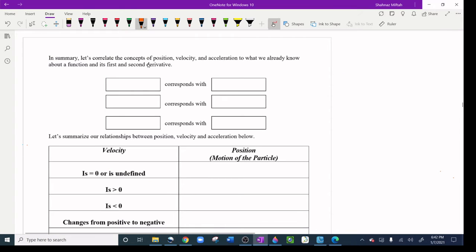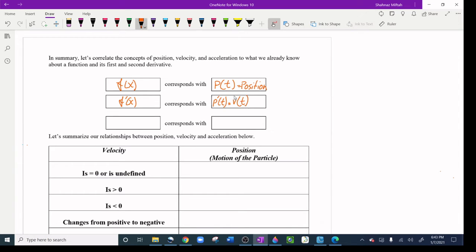Okay, let's correlate the concepts of position, velocity, and acceleration to what we already know about a function and its first and second derivative. So I'm going to say f of x corresponds with position. Position is always the original function. Next, f prime x corresponds with p prime t, the first derivative of the position, or another notation we can use is velocity.